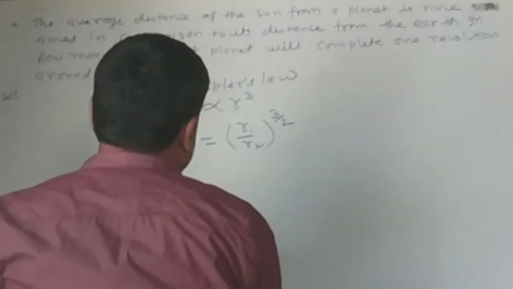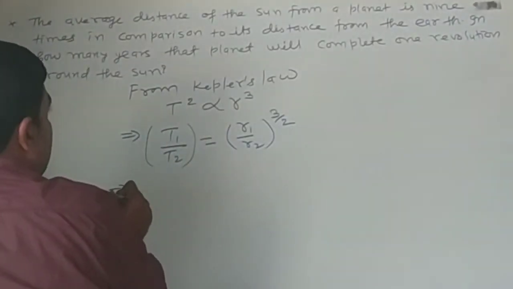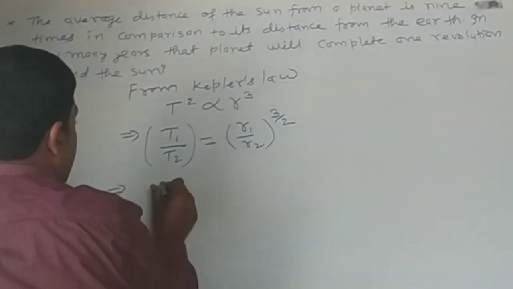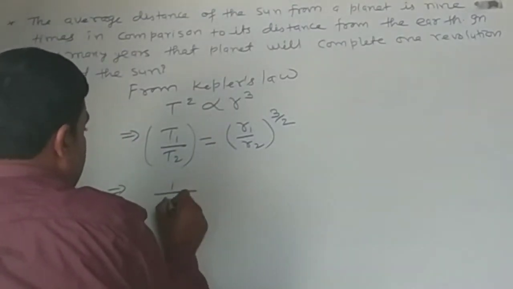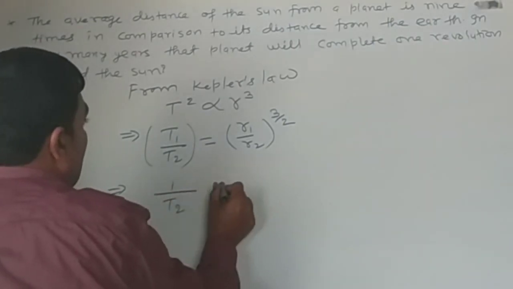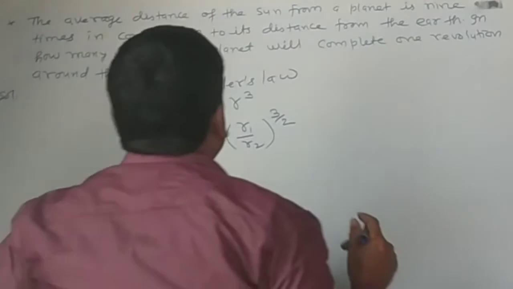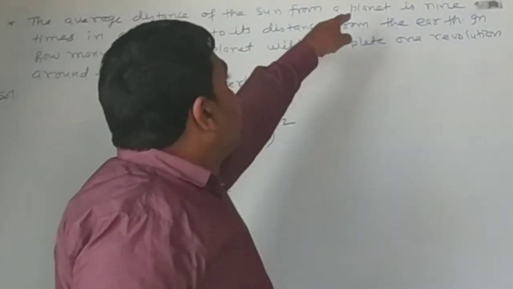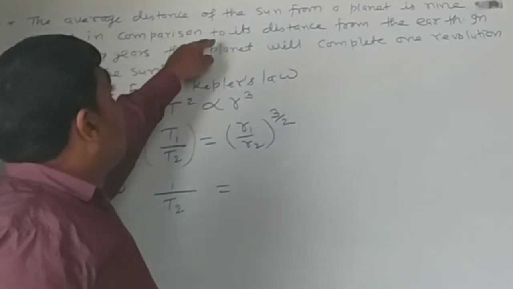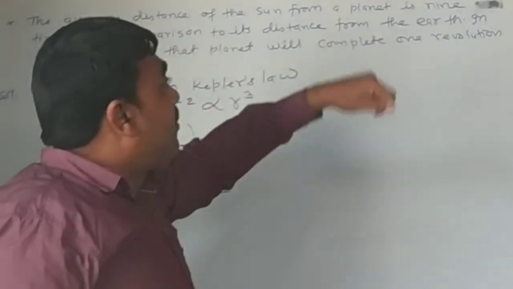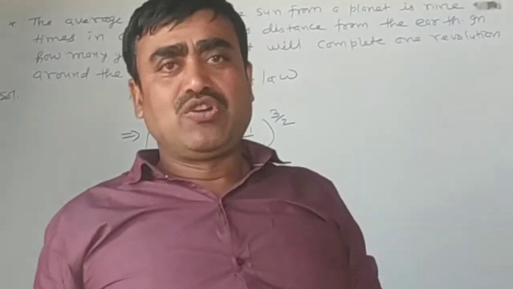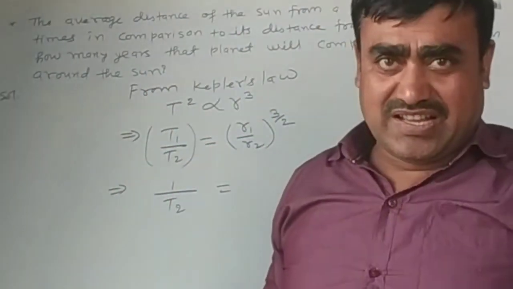According to the question, T1 is equal to 1 year and T2 is equal to what? The average distance of the sun from a planet is 9 times its distance from the earth. Our earth completes one revolution in 1 year.